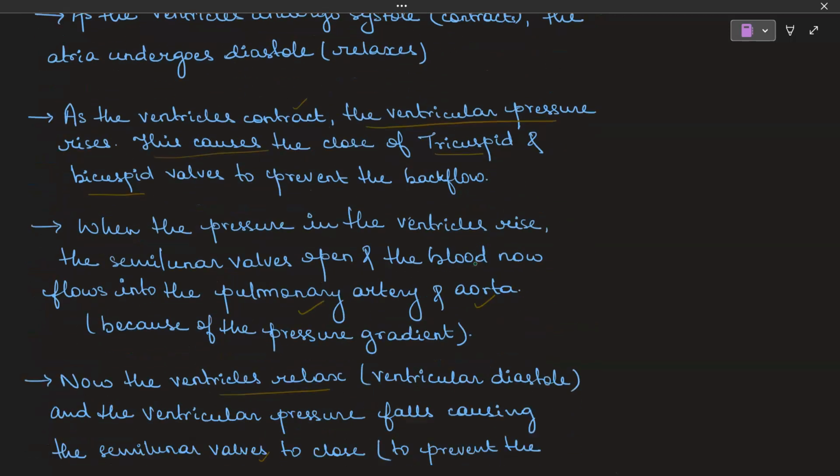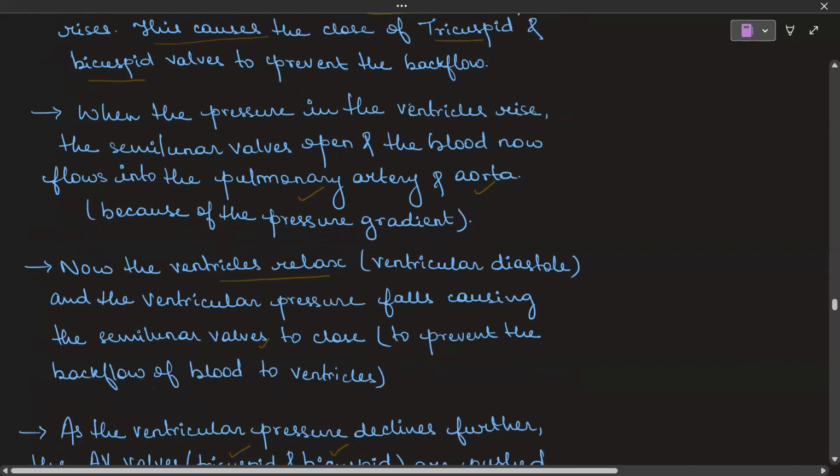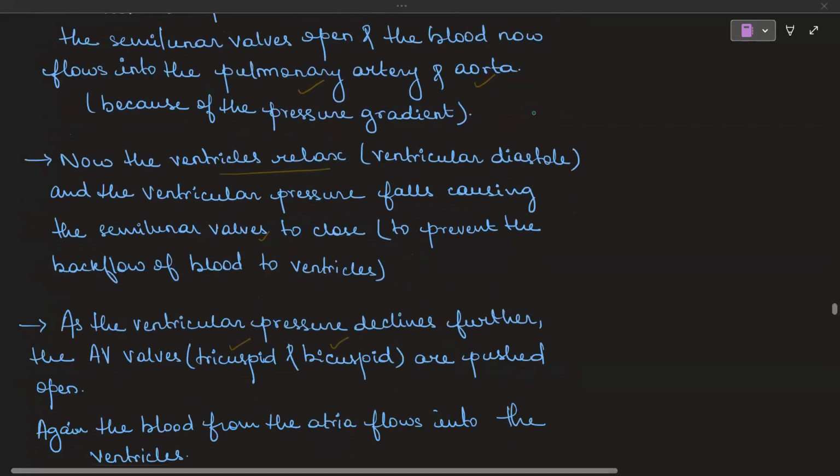Now, when the pressure in the ventricles rises, the semilunar valves open. These are present at the aorta and the pulmonary artery. Now, the blood will flow into the pulmonary artery and the aorta, and it will go to the places that it is supposed to go. Now the ventricles relax.